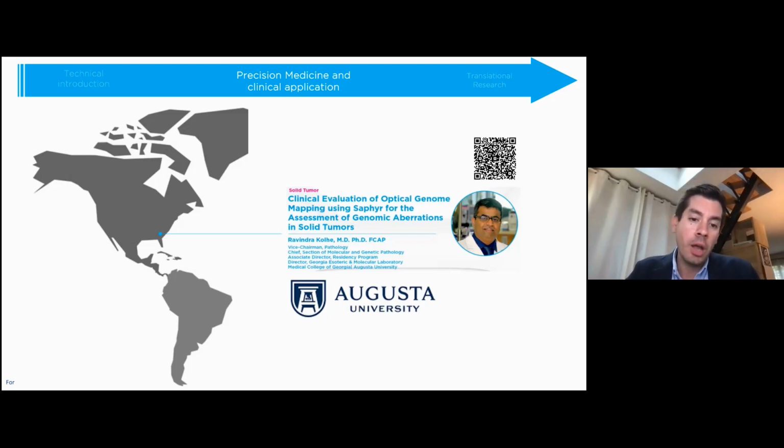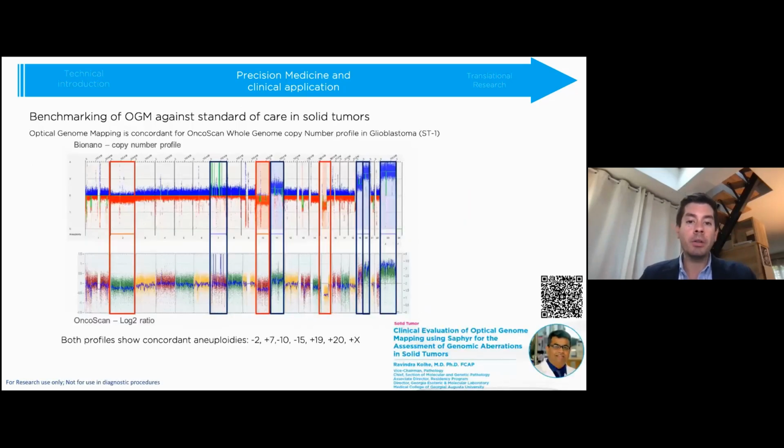Dr. Ravinder Kohli evaluated optical genome mapping against a SNP array, which is part of their routine workflow in brain tumors. Among the different samples, including in the pilot study, they observed 100% concordance with the SNP array result, which you can see in this example, with the OncoScan result at the bottom and the optical mapping results at the top.